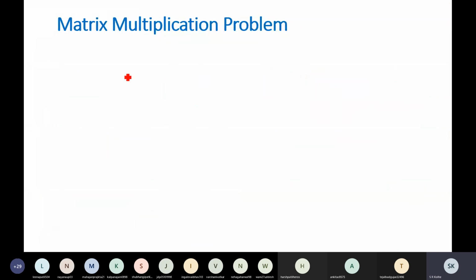Suppose we have to solve this matrix multiplication problem with problem decomposition, we will simplify it further. Only 3 matrices are there: A1, A2 and A3.